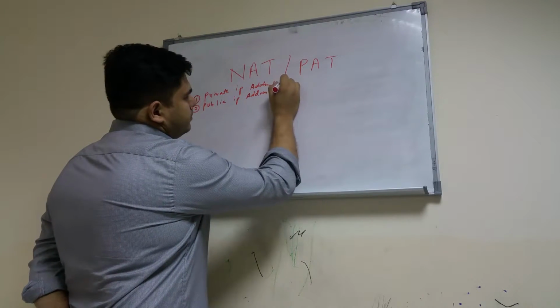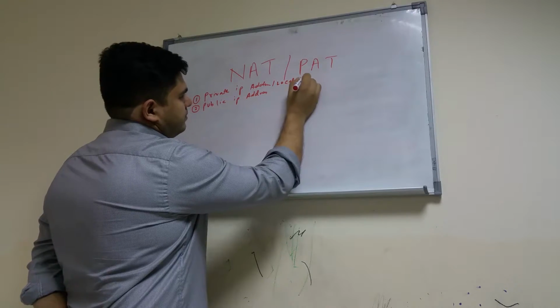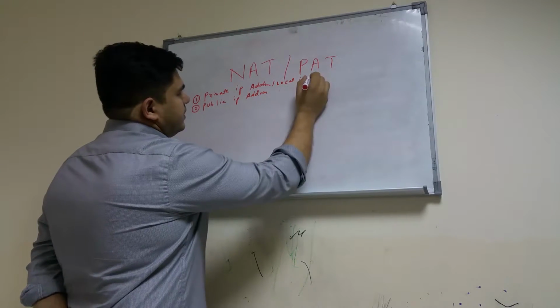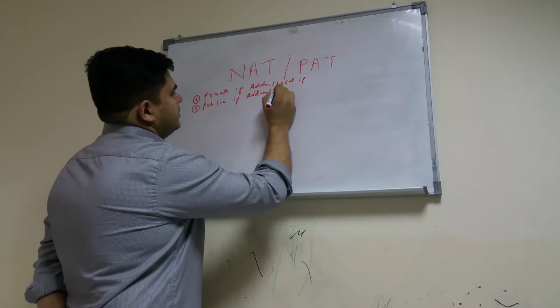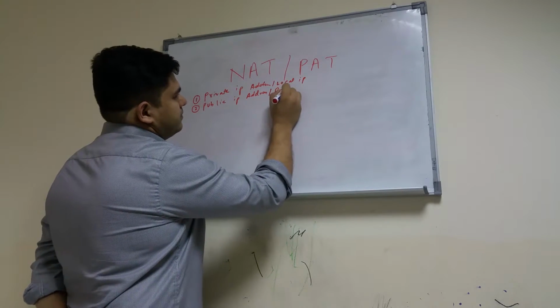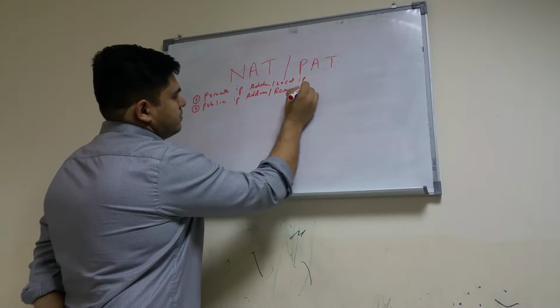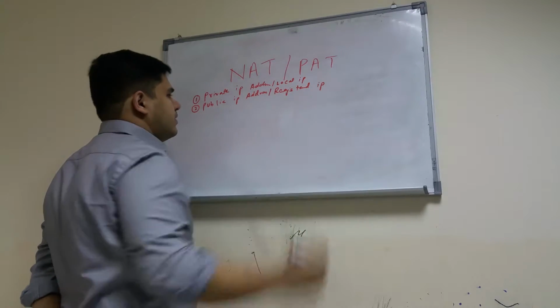Private IP address is also known as local IP, and public IP is also known as registered IP.